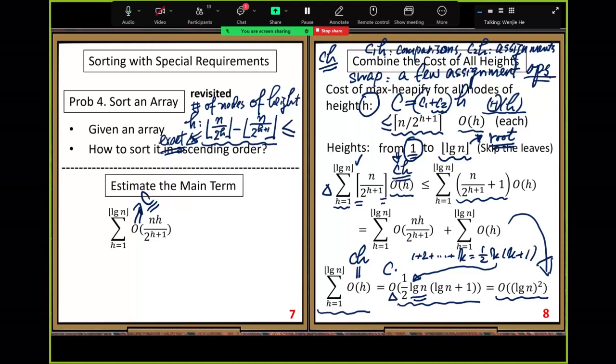The first term, h equals 1. Second term, h equals 2, and so on. But this n number never changes for all the terms.